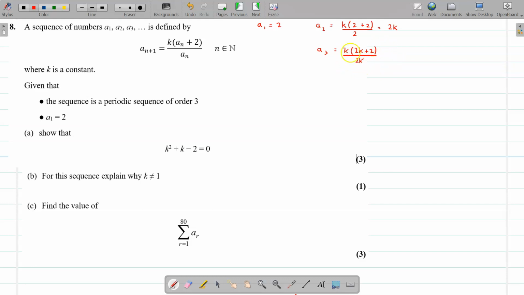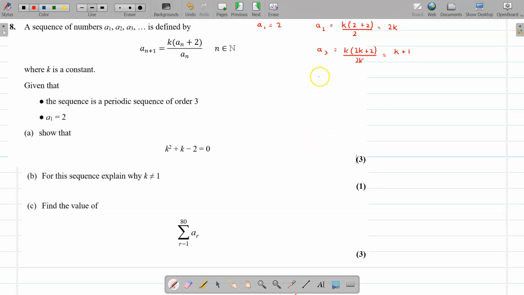Okay, immediately cancel out the 2k's, the k on the top and the k underneath. That gives you 2k plus 2 over 2, which is the same as k plus 1 over 1. So that just simplifies to k plus 1.